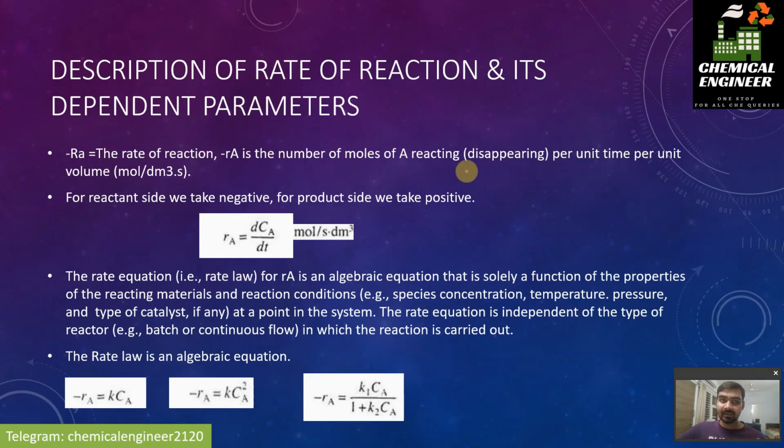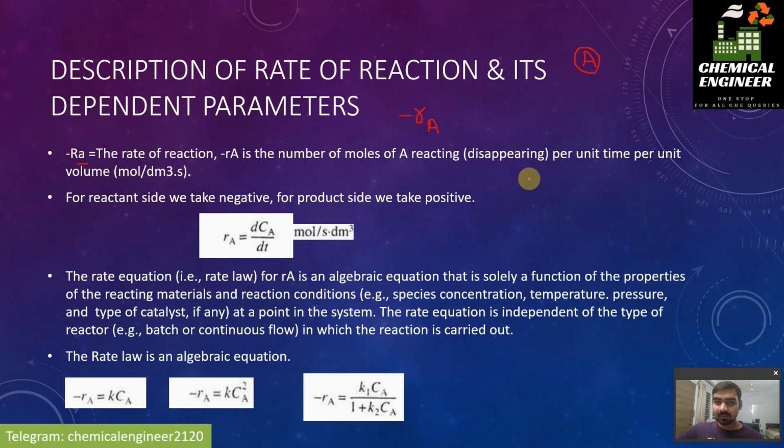Okay, now how do we describe the rate of reaction? Rate of reaction is described by minus small r, and suppose we are talking about species A. Okay, this should be clear. A can be anything, we have taken a dummy, so minus rA. This is how we define the rate of reaction. So rate of reaction is the number of moles of A disappearing or reacting per unit time per unit volume.